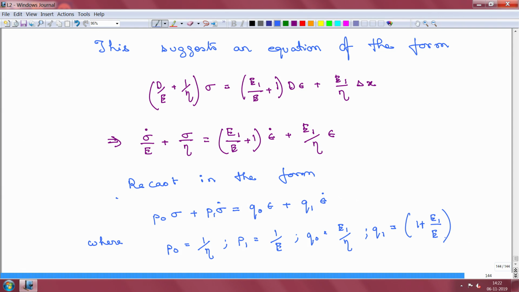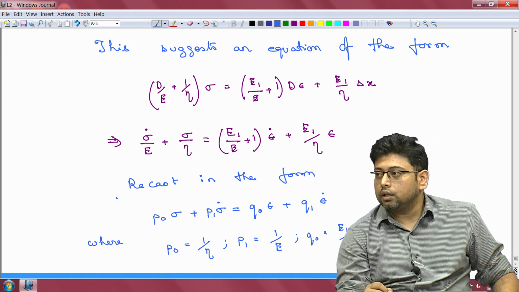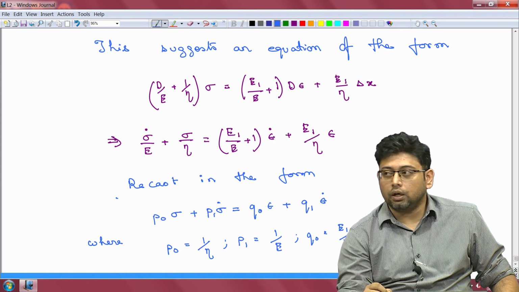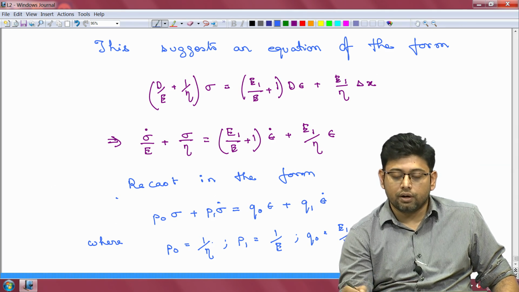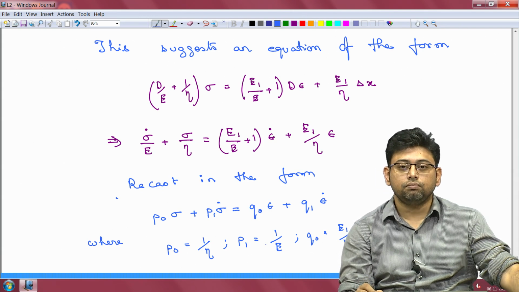So, I have not done anything, I have just recast this original equation in this particular form, okay, where these are some constants and we can solve the equations keeping the constants in the particular form, and then later on we can evaluate the final solution by putting the values of the P1 and the Q1 that we already have, right.